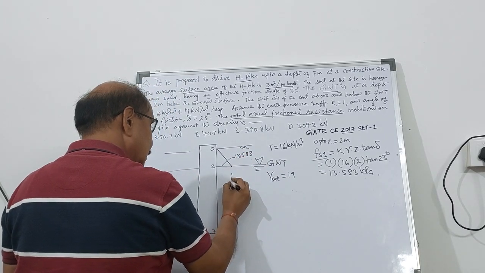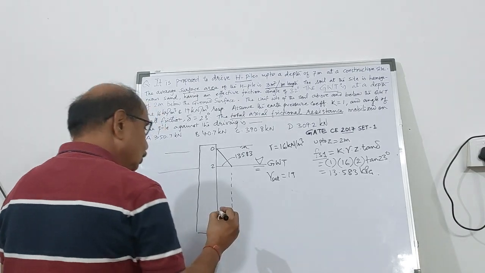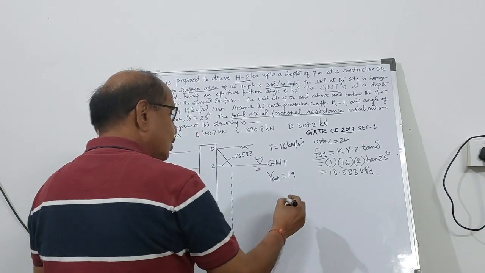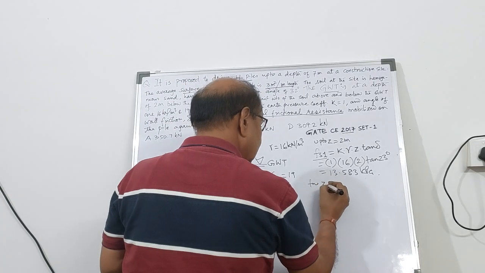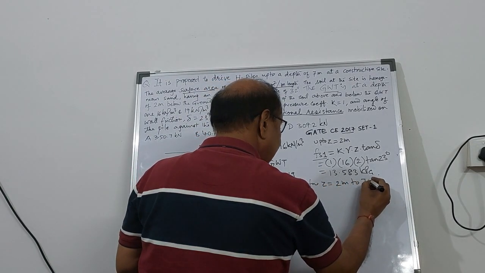Right? Now go below the groundwater table, from Z equal to 2 meter to 7 meter.